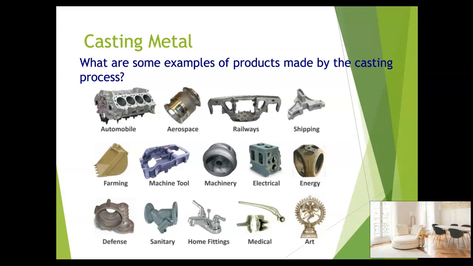All sorts of different types of machinery. We can even get into the medical industry with different types of joint replacement. You're all familiar with home fittings and plumbing fixtures and so forth in the sanitary market. And it might even just be casting metal for artwork as well. So those are several of the different possible products that could be made using the casting process.